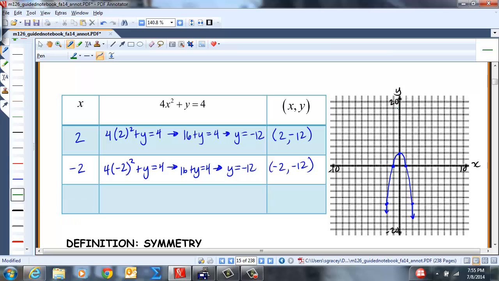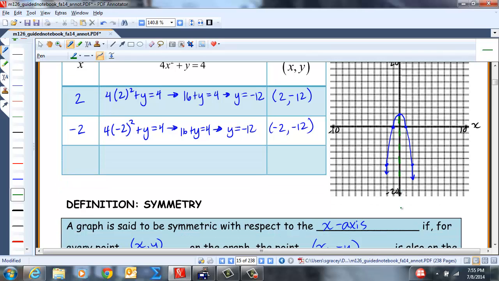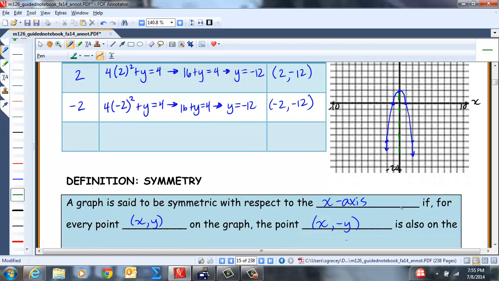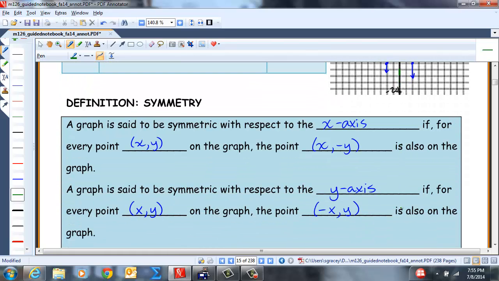So you could literally fold this graph in half right there, and the graph would land on top of itself. Kind of like when you were a kid on Valentine's Day, how did you make the little hearts, right? You folded the paper, you cut out half the heart, and you had a symmetric heart. Mine always came out kind of dorky, but it was symmetric.